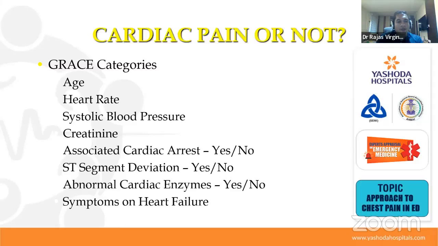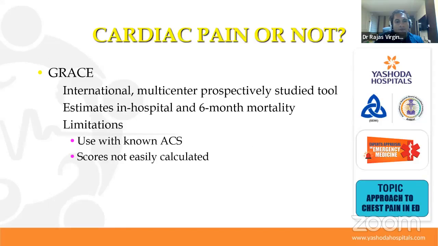These are the categories considered as part of the GRACE score, right from age, heart rate, creatinine, associated cardiac arrest. Generally, it's to be used with known ACS, and obviously there are a lot of factors to be calculated. Generally, scores more than 140 are considered very high risk.